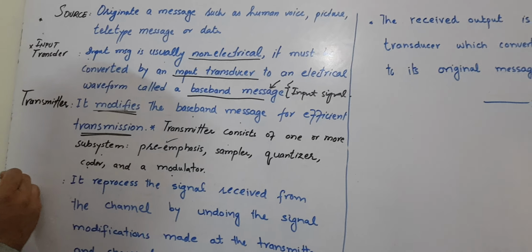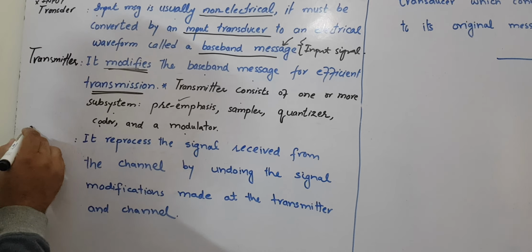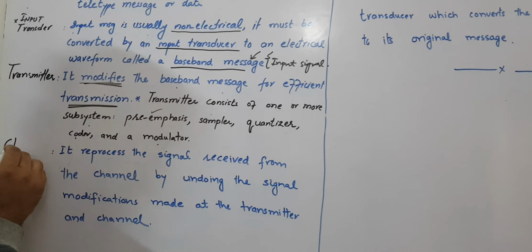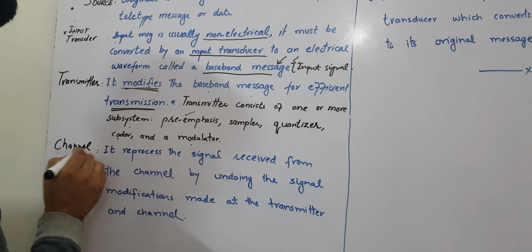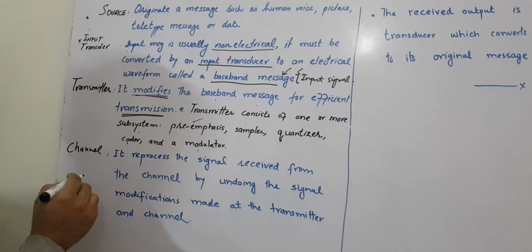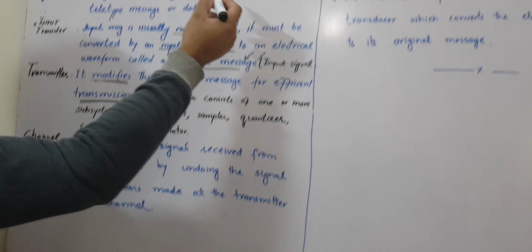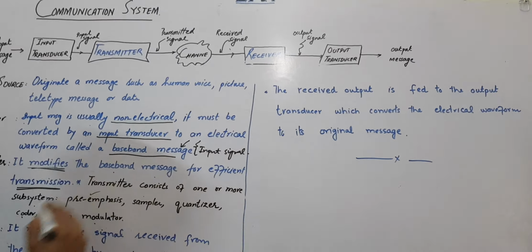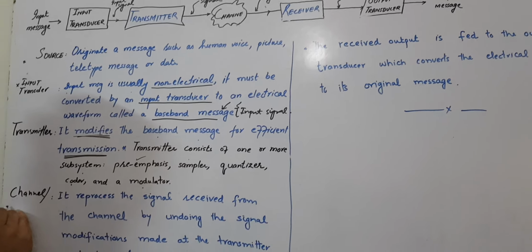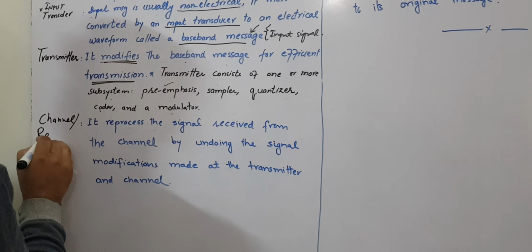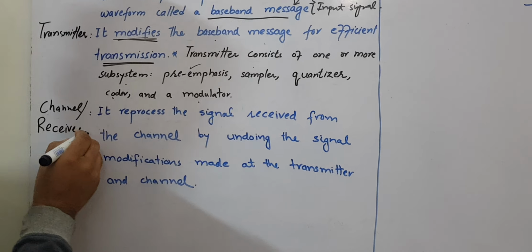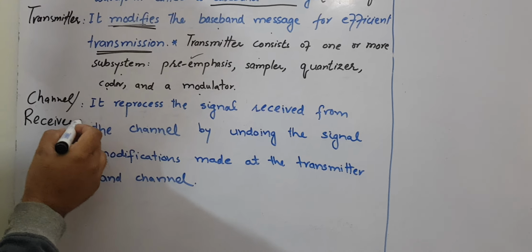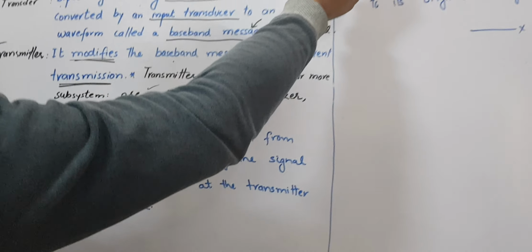The other one is the channel. And from the channel you receive a received signal, which is again given to the receiver. What is the process at the receiver?